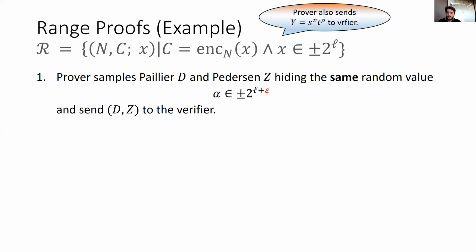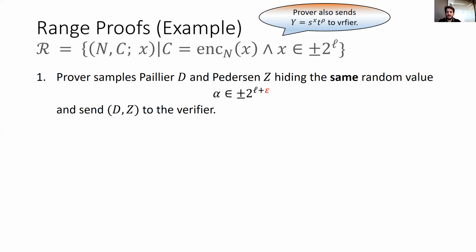The prover samples a random Paillier ciphertext and a random Pedersen commitment hiding the same secret value alpha. The random secret is sampled in a slightly bigger range than x. This is for zero knowledge, and this bigger range is parameterized by epsilon. You can ignore this epsilon if you like. It's not really necessary for understanding the talk.